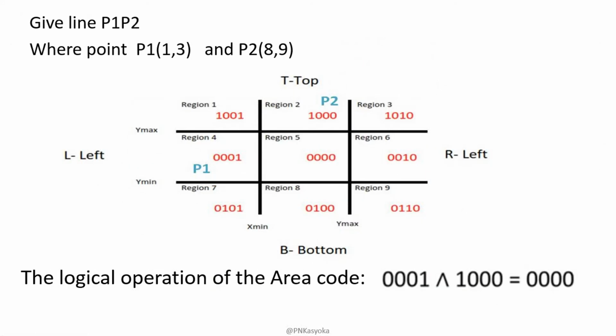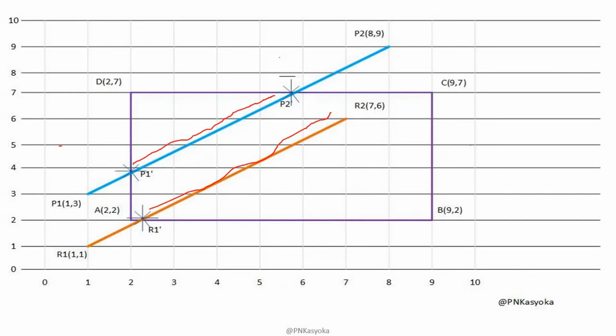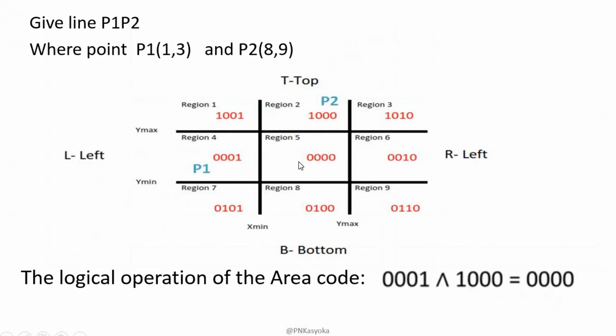Now for us to clip, we must remember the region mapping, region 1 to region 9. As we have seen here, P1 and P2, P1 lies in region 4, P2 lies in region 2. And these are the 4-bit binary codes. If we do the AND operation, we get 0000. This tells us that this line is partially within the window.